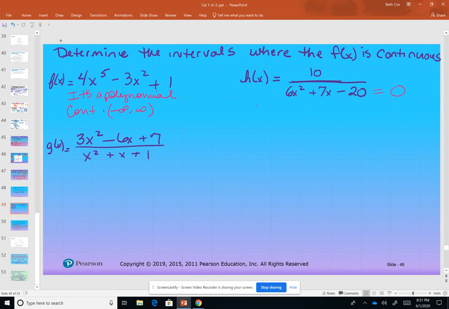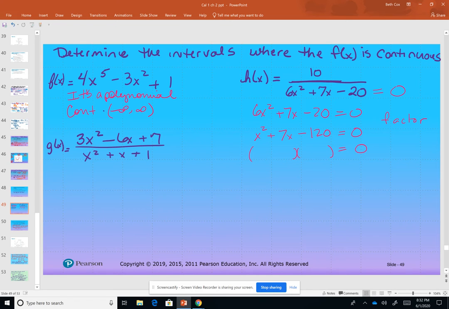I need to take 6x squared plus 7x minus 20 and set it equal to 0 and solve, so I'm going to factor it. I'm going to take the 6 and multiply by the 20. Is this the right number? Yes, 6 times 20 is 120, and I actually dropped the 6.